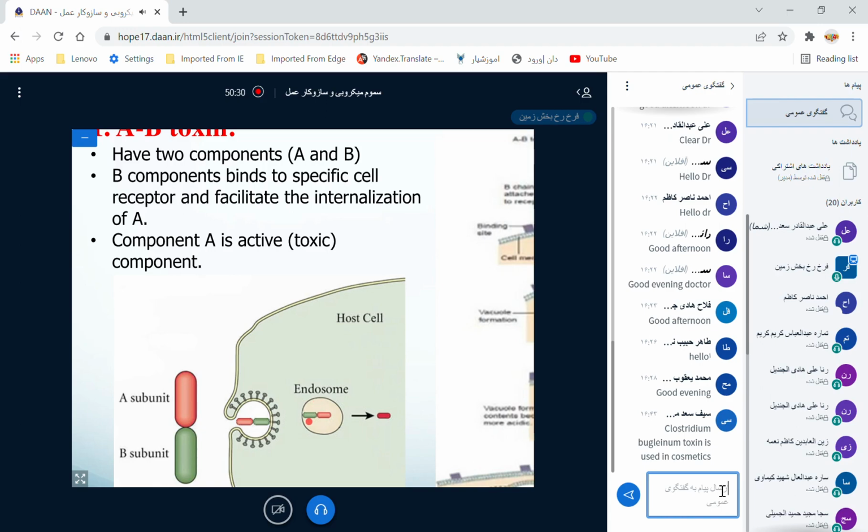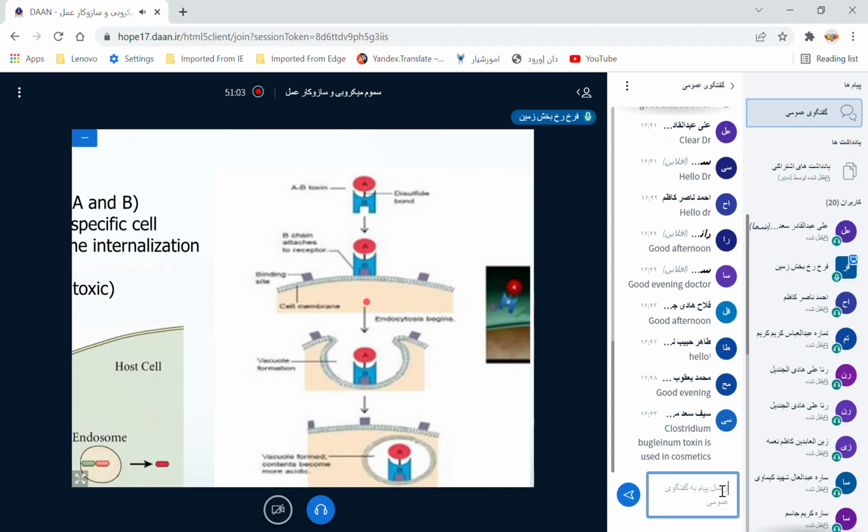Then there is a dissociation between A and B, and A comes to the cytoplasm, and A is the only one responsible for problems. So A and B come together to the cell, and B shows the way, then they dissociate, and only A is working inside the cell and makes problems.